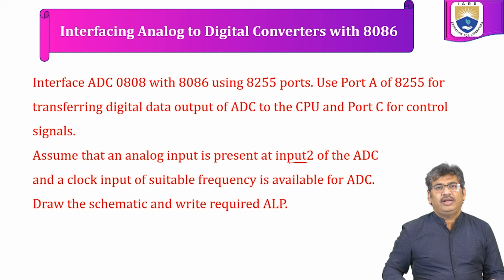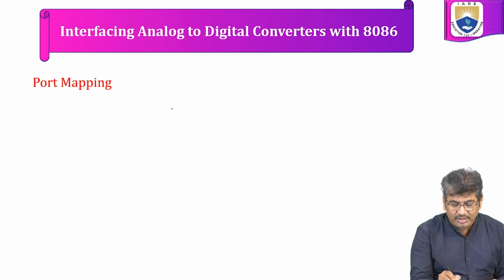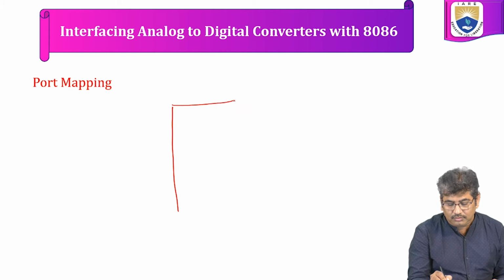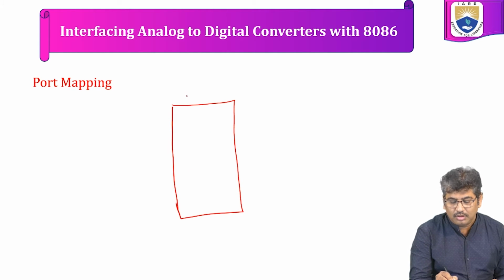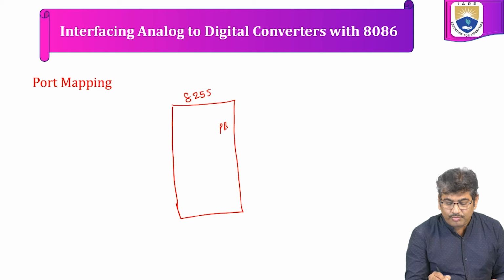Before that, we will find what control word register value we have to use. First we will see the port mapping. For selection of the channel, we are going to use port B0 to port B2.